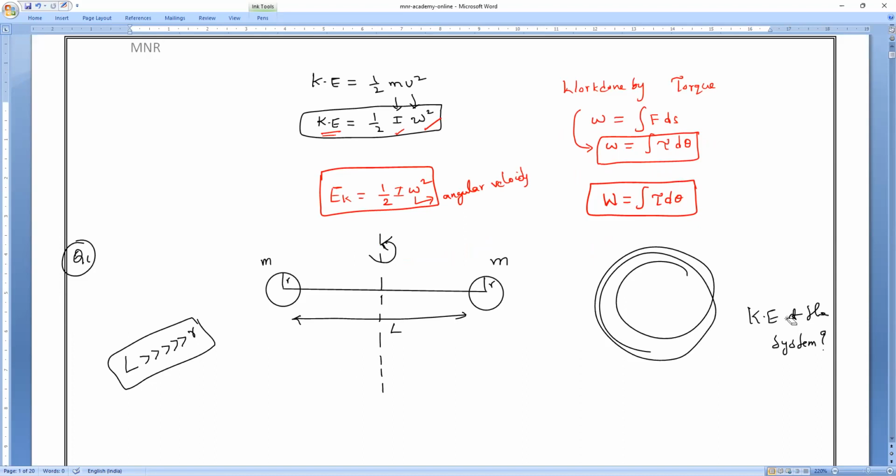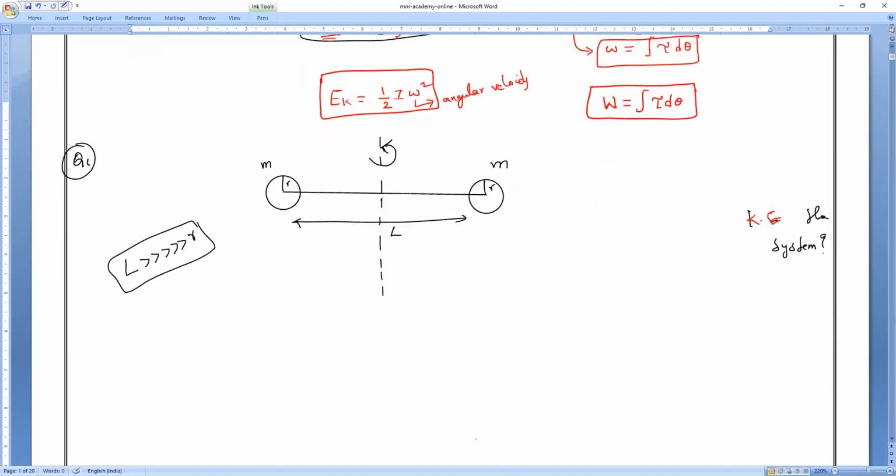What is the kinetic energy formula for a revolving body, everybody? Please respond. The kinetic energy K is equal to half I omega square. That is the formula.